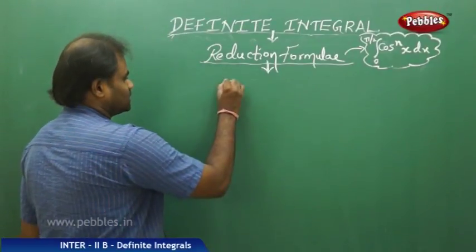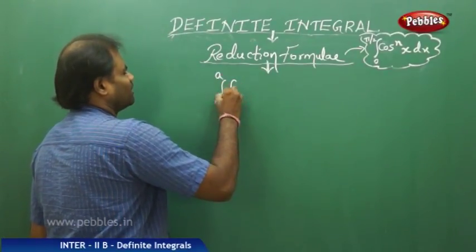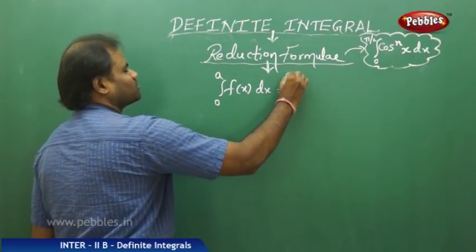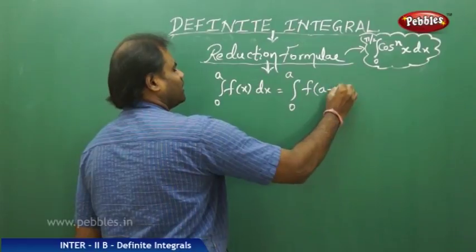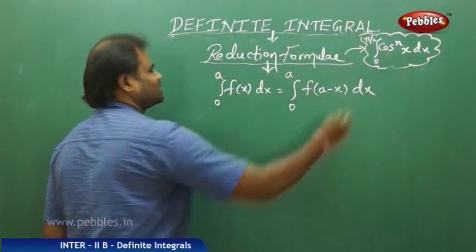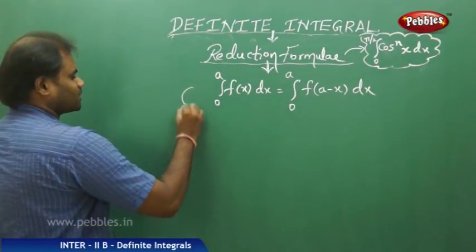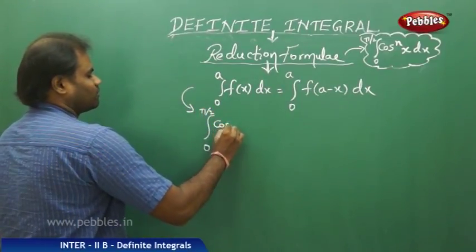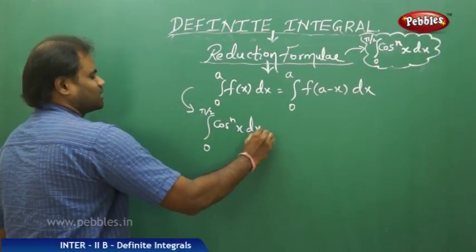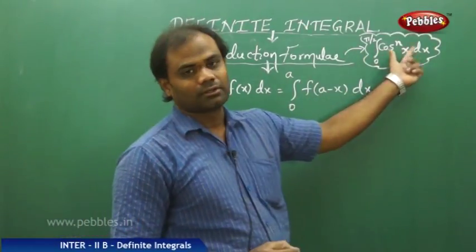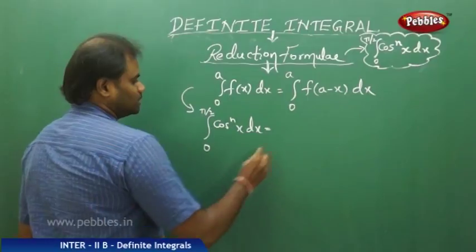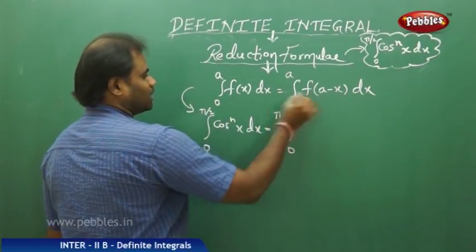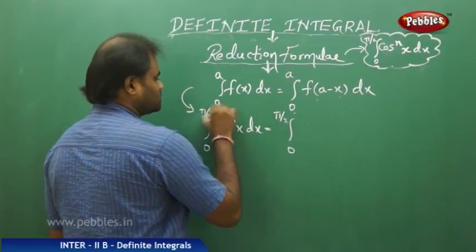Now, as we know that integral 0 to a of f of x dx is integral 0 to a of f of a minus x dx, using this property, if I wanted to find integral 0 to pi by 2 of cos power nx dx, this reduces to integral 0 to pi by 2 of f of a minus x, where a is pi by 2.